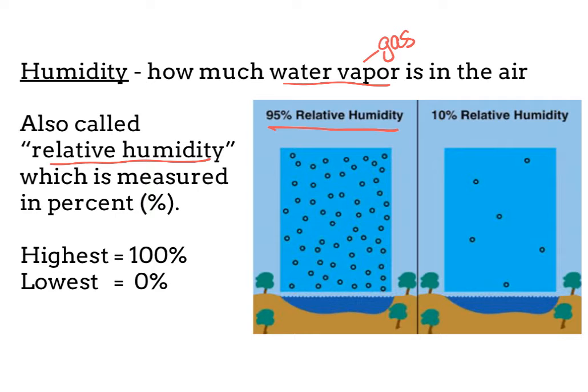And if there's not a lot of water vapor in the air, for example, over here where we have 10% humidity, there's not that many of these little water vapor molecules. And so that is going to be a pretty dry day, right? Humidity tends to make us feel sticky, or sometimes it can really mess around with your hair. Some people, their hair goes flat, and some people, their hair goes frizzy. So humidity can really play a big role in how we feel when we go outside.